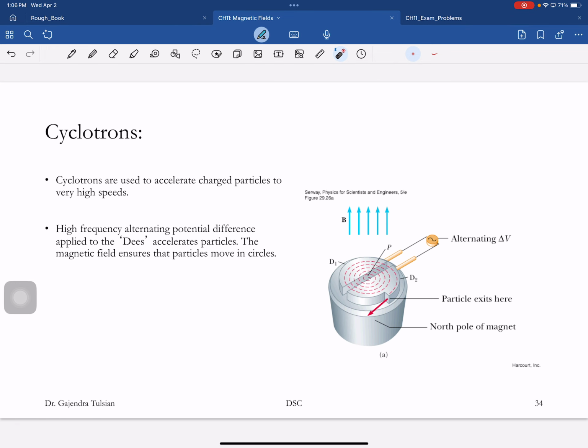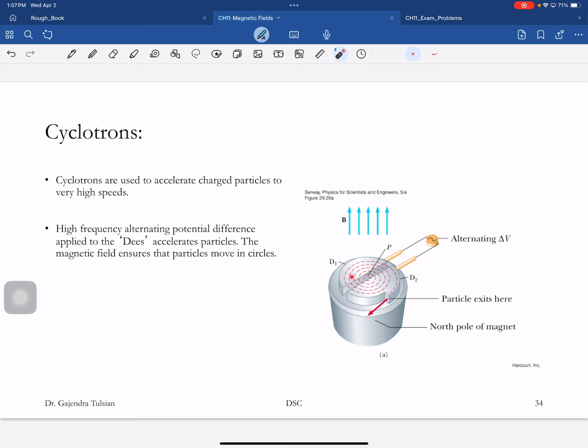In particle physics research, these were the first accelerators. You had two D-shaped metal discs. You connected them to an alternating AC source. You put a magnetic field like that, and throw in a charged particle. If you threw a negative charged particle here, when this one is positive, it accelerates through.